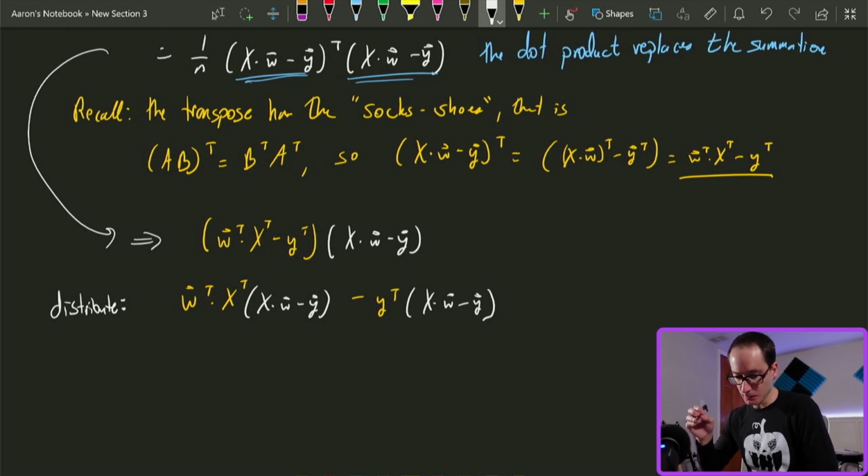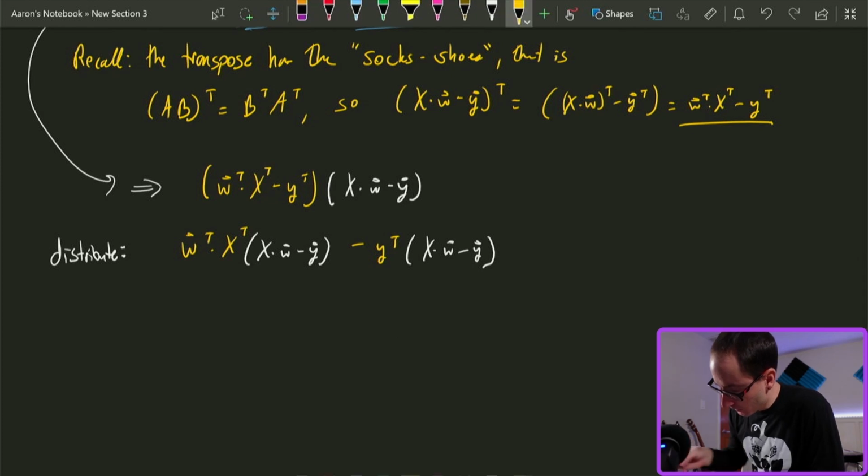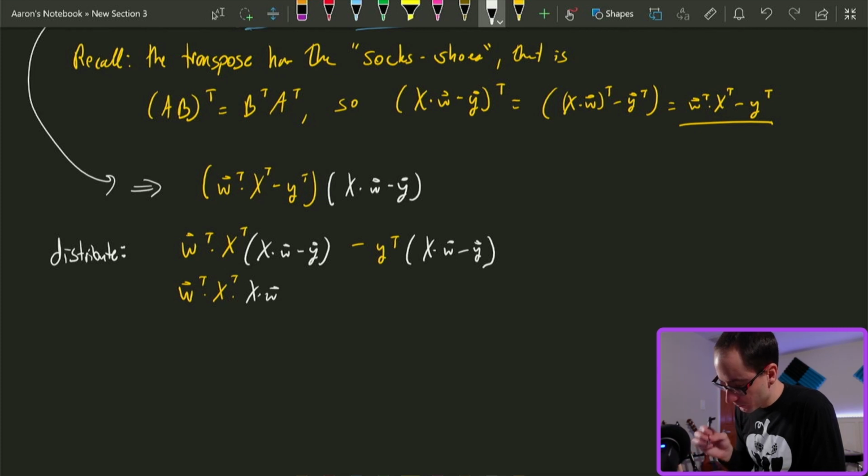So far, so good. So what is this going to be? This is going to be W transpose X transpose, and then now times X dot W. And the dimensions here are going to work out. We could go through and write them out, but we can see, I think obviously, that the W transpose dot X transpose times X dot W will be just fine.